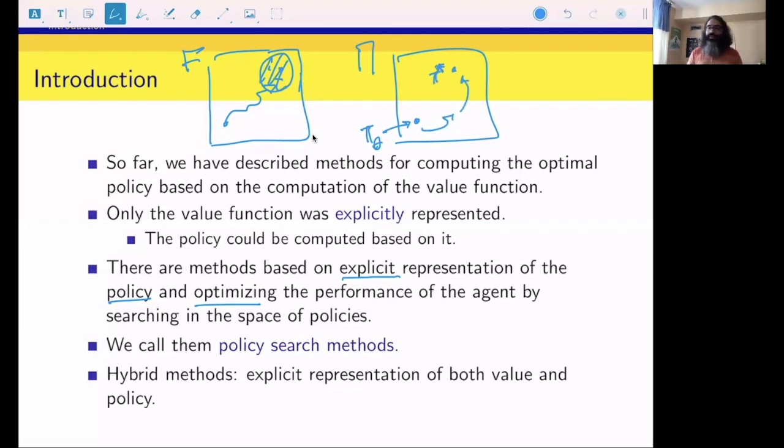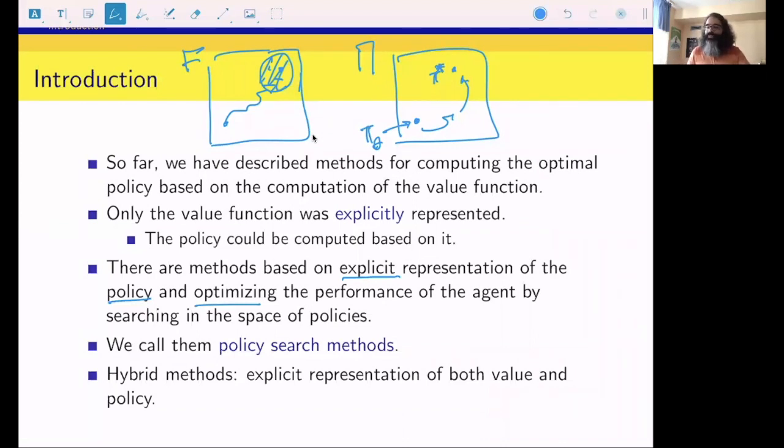So policy search methods are basically, we have an explicit form representation of the policy, and the search process is formulated as an optimization or search in the policy space directly.